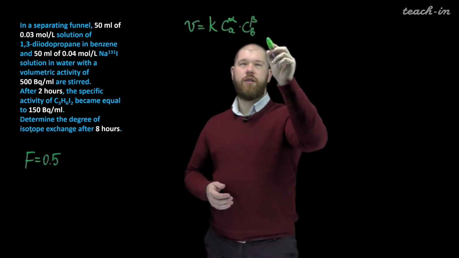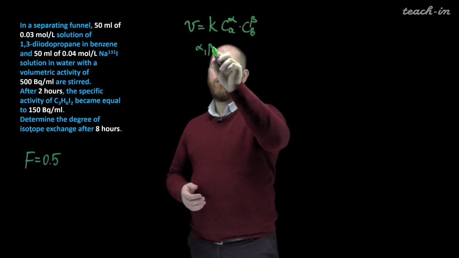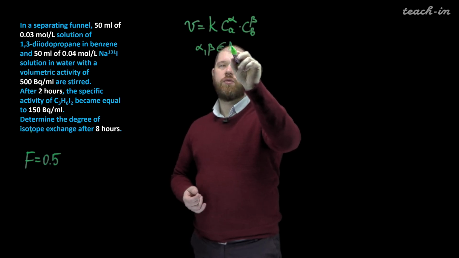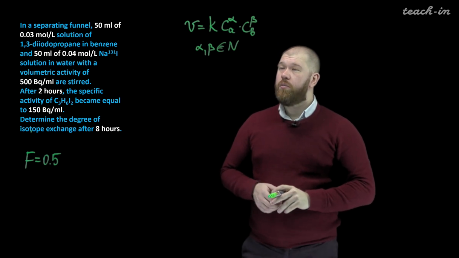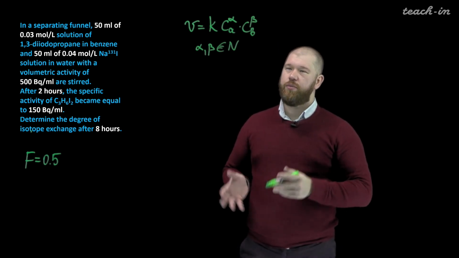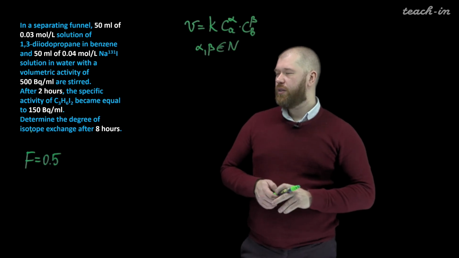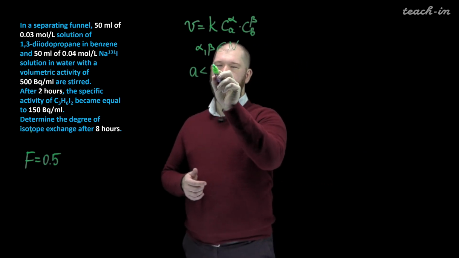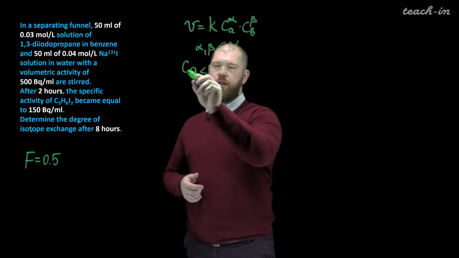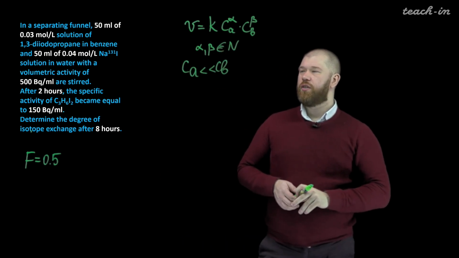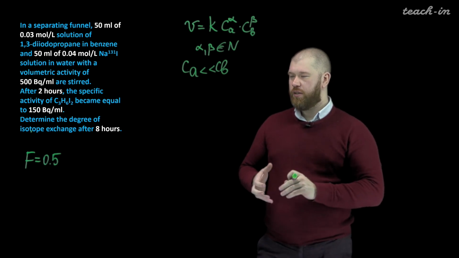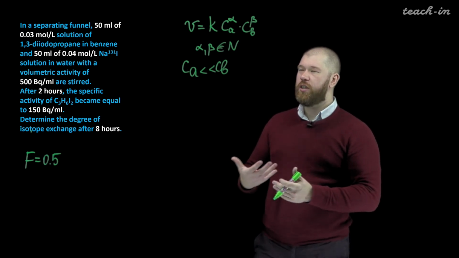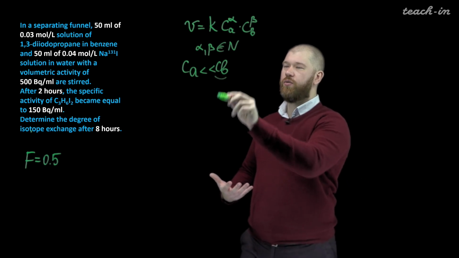Usually these alpha and beta are natural values, so maybe 0, 1, 2, etc. And if the concentration of component A is much less than the concentration of component B, that means that the reaction will not cause significant changes in the concentration of component B.